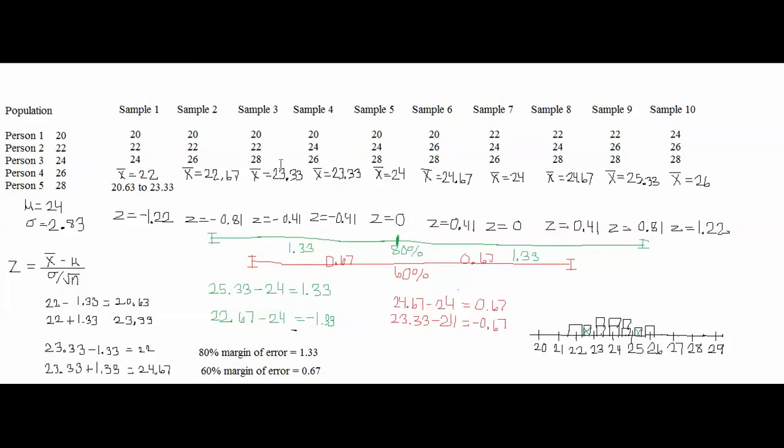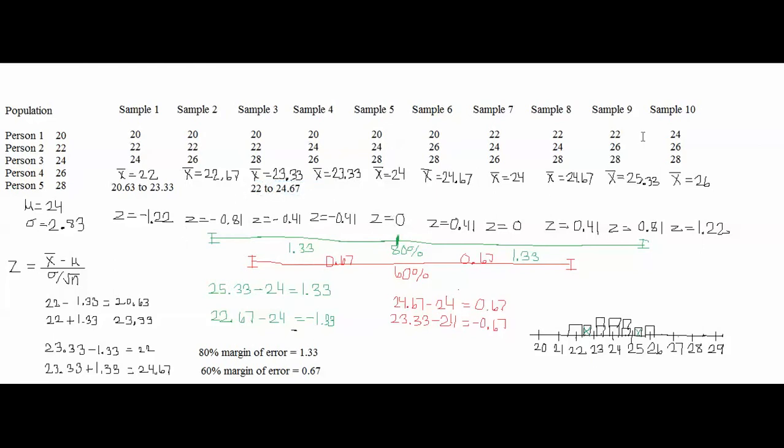Whenever you take a sample mean and add and subtract the 80% margin of error, you get an 80% confidence interval. So it's possible to create an 80% confidence interval with all 10 of the possible samples. So this is the 80% confidence interval for sample 3. It goes from 22 to 24.67.